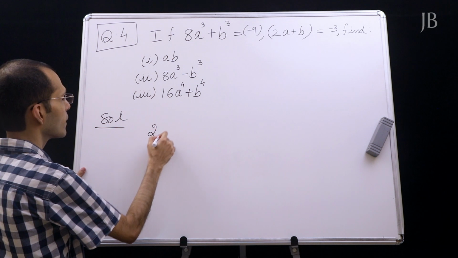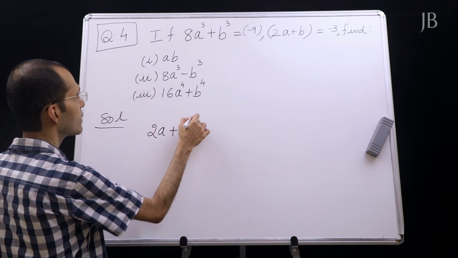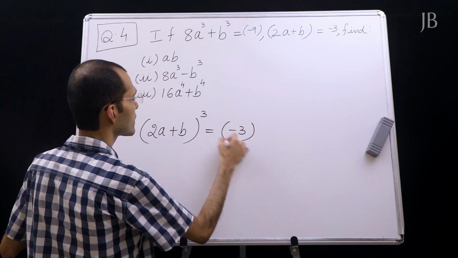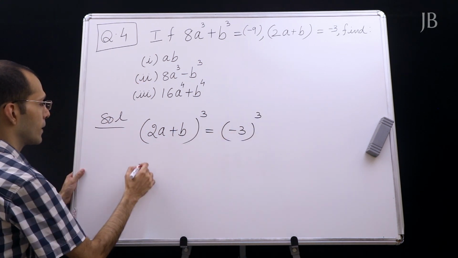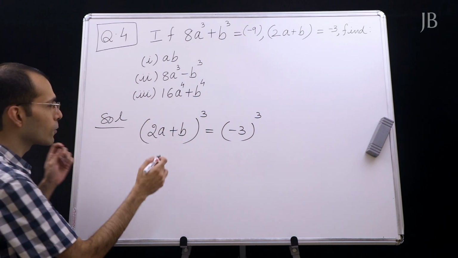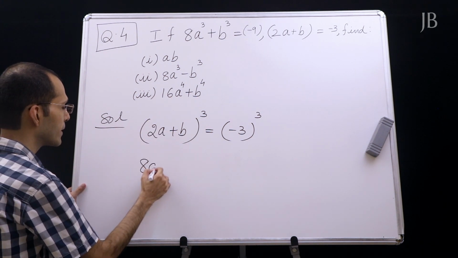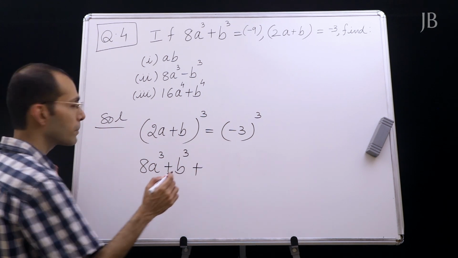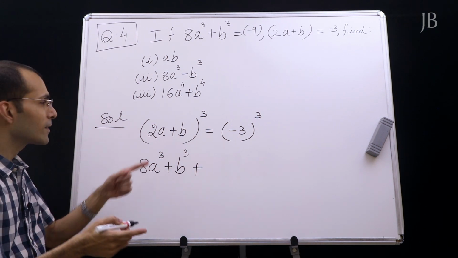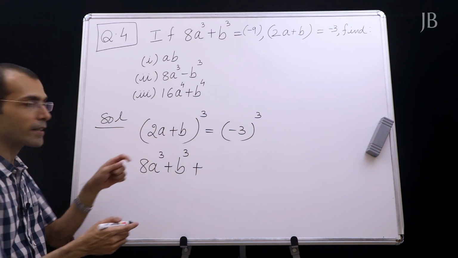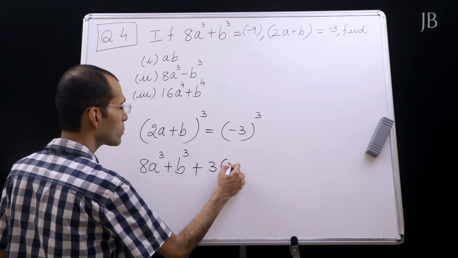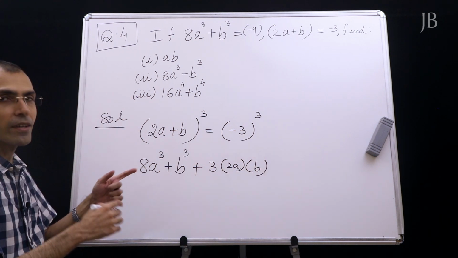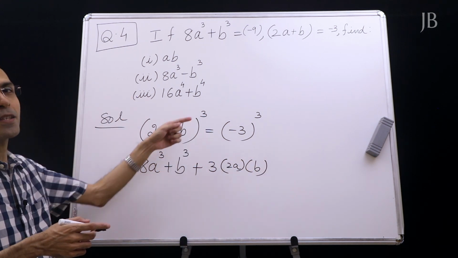We will have to take 2a plus b the whole cube equal to minus 3 the whole cube. Now routine x plus y the whole cube, bracket opening. This will be 8a cube plus b cube plus 3 into first term into second term. So it will be 3 into 2a into b, mind you. It won't be 3ab. 3ab comes when it was a plus b the whole cube.